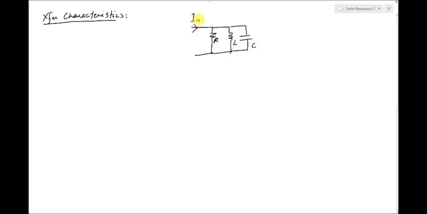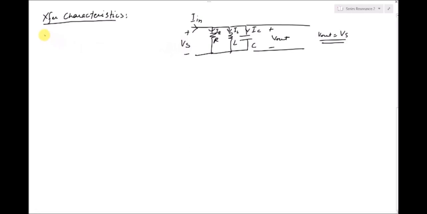This is the input current, IR the current through the resistor, IL the inductor current, and IC the capacitive current, and the voltage is Vs. And if I have to calculate the output voltage at this point, Vout, that is actually equal to Vs. So Vout is equal to Vs, because all the elements are in parallel, so whatever the voltage is at the input, it is appearing across all the elements, so the output voltage is equal to the source voltage.